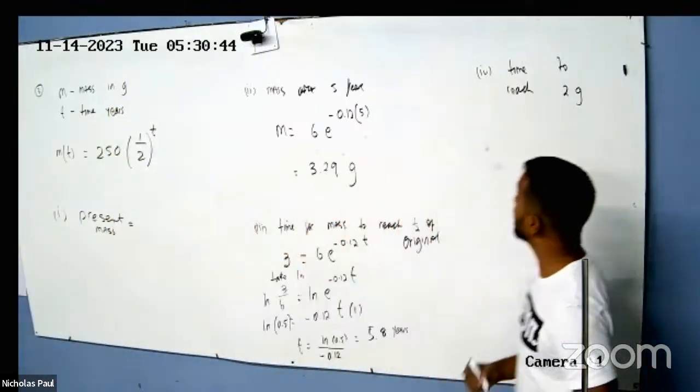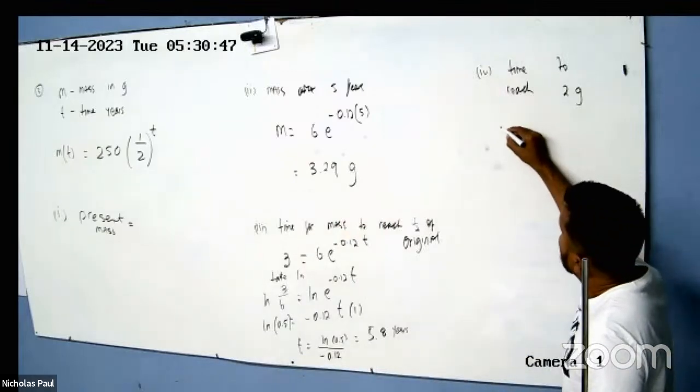How much did you get? So you want the time to reach 2, right?